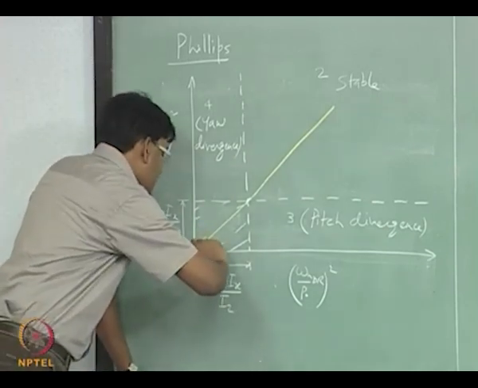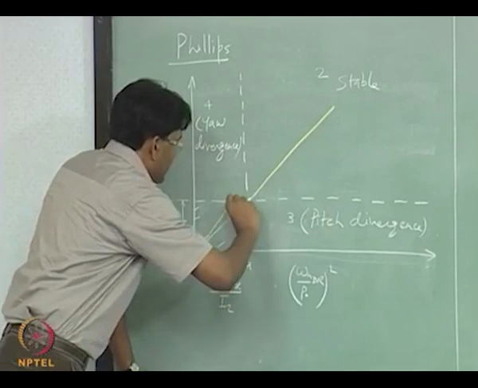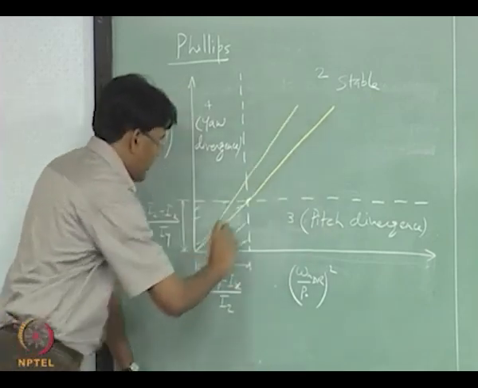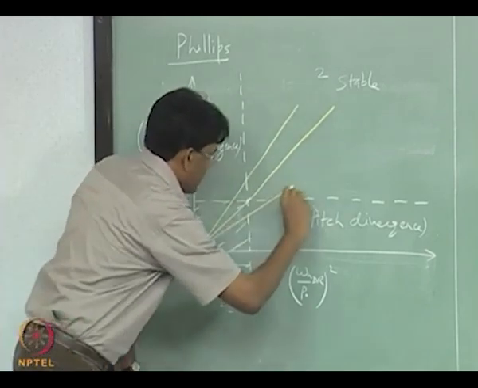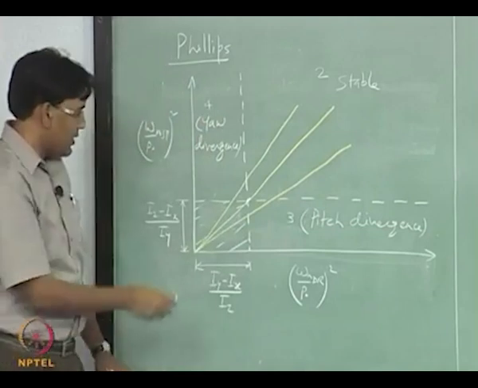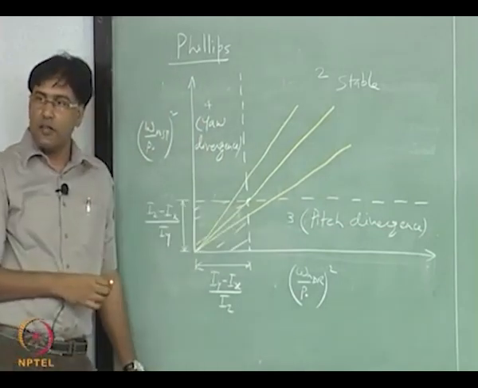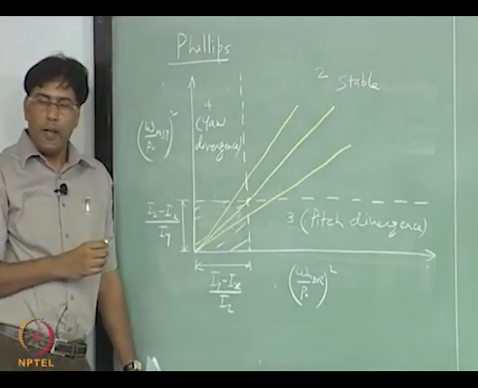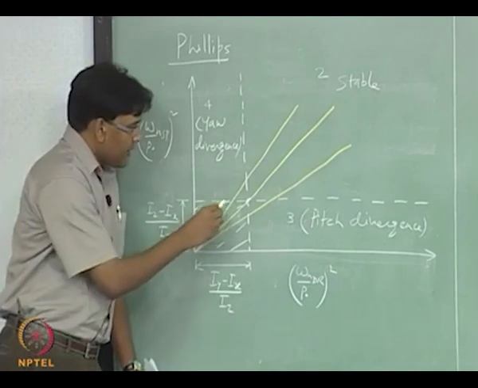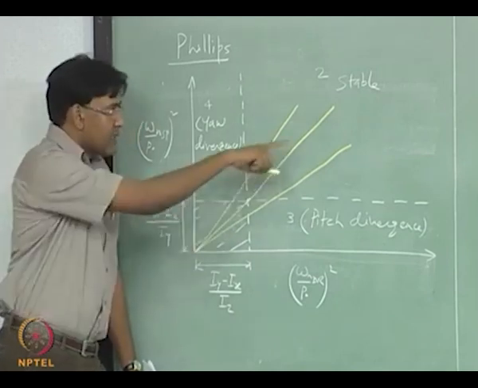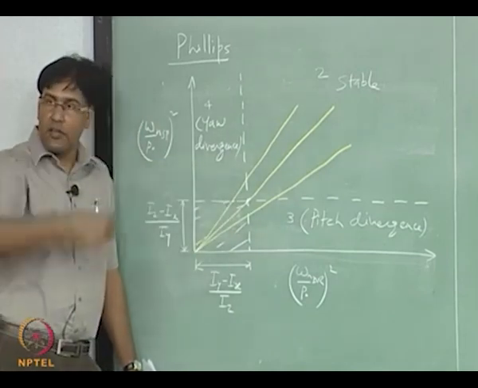If you look at any other line, they are passing through these divergent regions, right, and this line is indicating increasing roll rate.